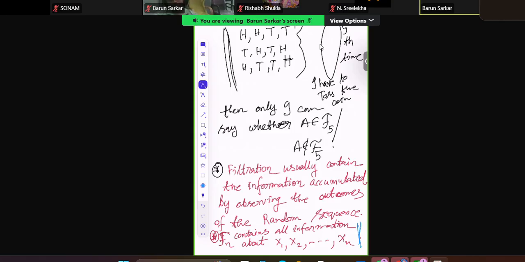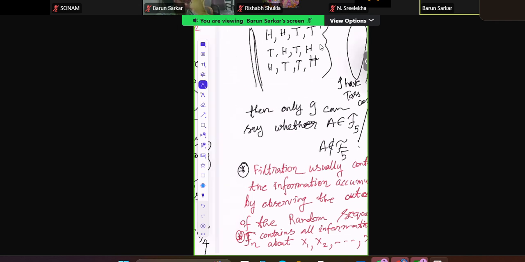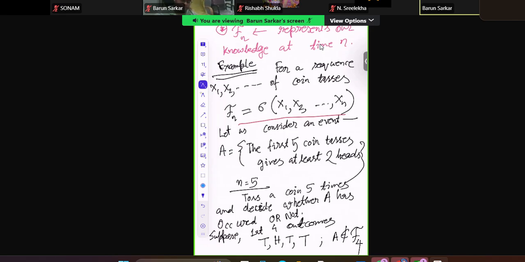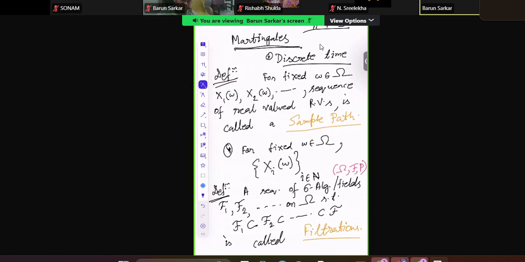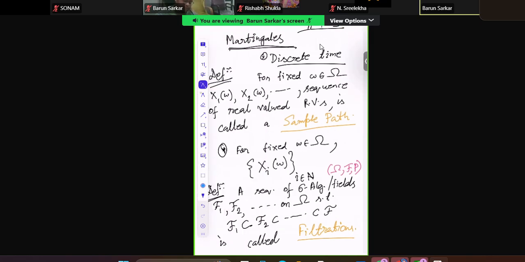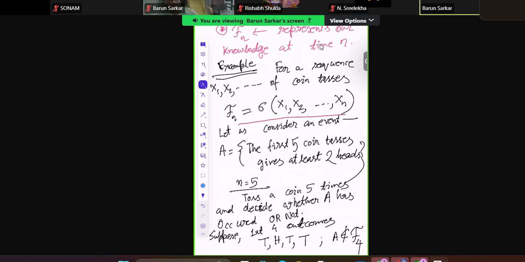This is important to note. And also in the first line, Fn represents our knowledge at time n.